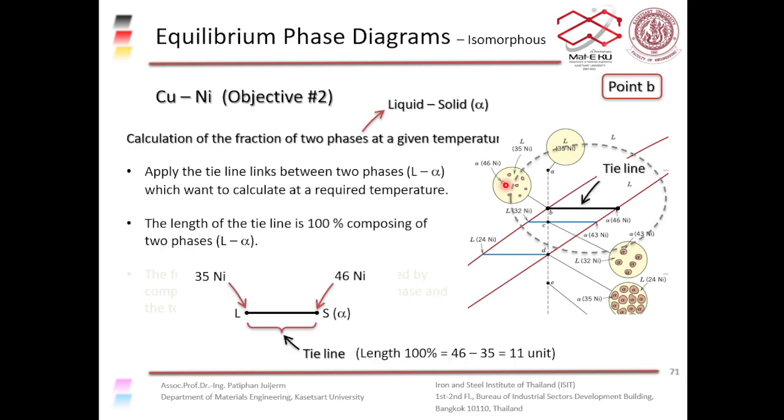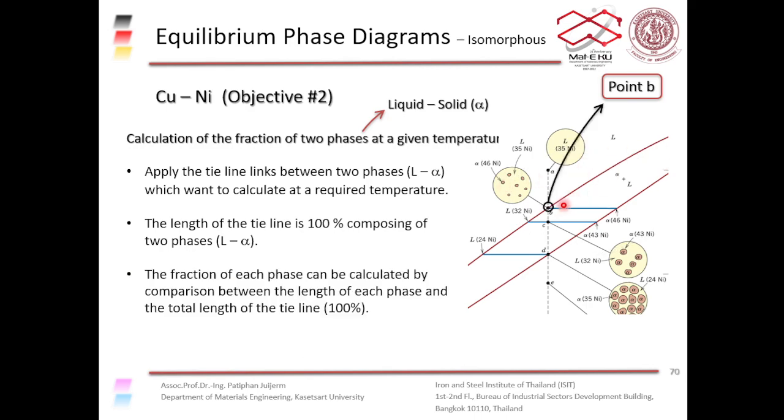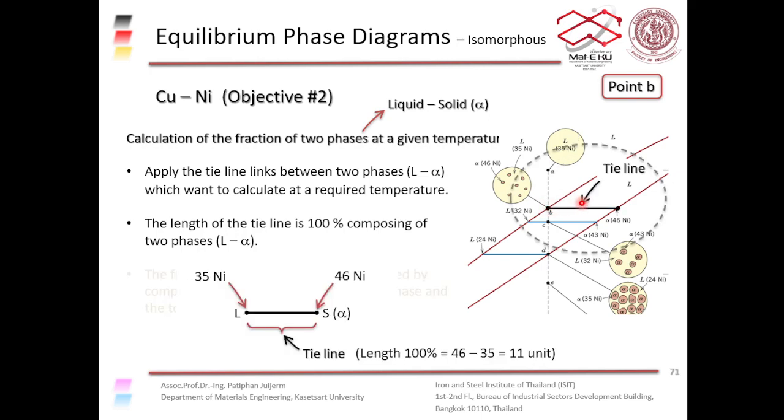For example, if you take the temperature at point B here, you draw a tie line, and the total length of the tie line represents the total amount of the material that you have, right? In this case, the tie line goes from 35% nickel to 46% nickel, so the length of the tie line is 11 units. In some phase diagrams, you cannot see the numbers clearly.